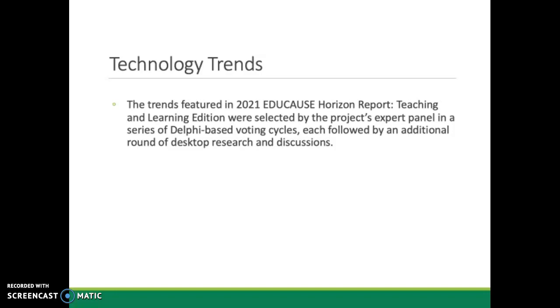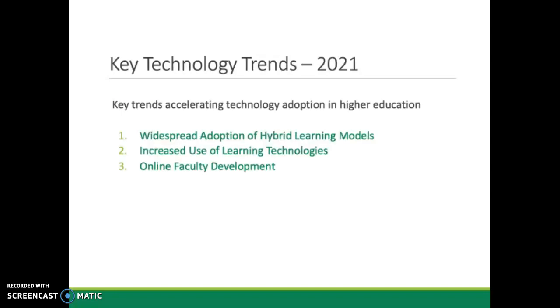The way they come up with trends is that they use an expert panel and they do a Delphi-based voting cycle that has multiple rounds, and then they do desktop research and discussions to come up with the most important trends in the specific year. After several rounds of voting, the panelists select the following 3 technology trends as the most important in accelerating technology adoption in higher education for teaching and learning.